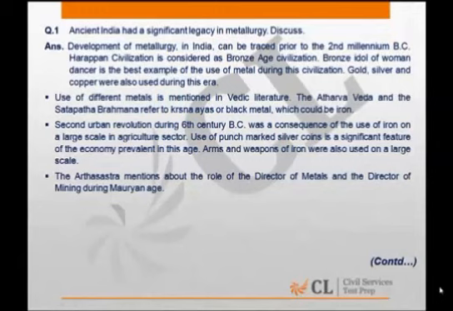Apart from it, the use of different metals is mentioned in different Vedic literature too. For example, Atharvaveda and the Shatapatha Brahmana refer to Krishna Ayas or black metal. Probably it was iron.